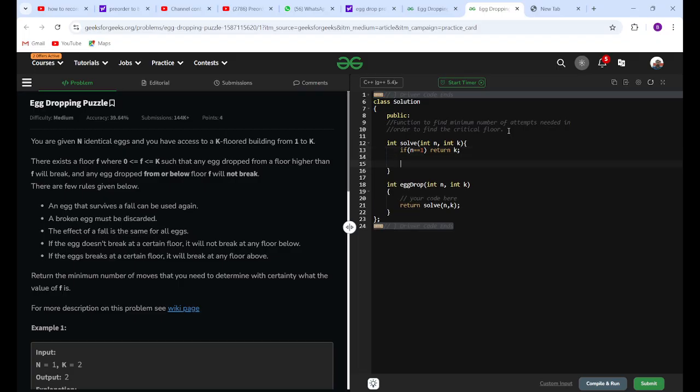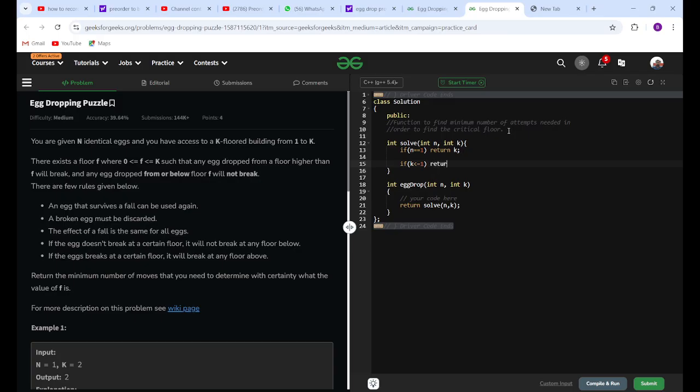If there is only one floor or 0 floors, if you have only one floor, then you drop the egg and find whether the egg is broken or not. If you have only one floor and the egg is broken, then the required floor answer will be 0, and if the egg is not broken, then the required floor is 1.